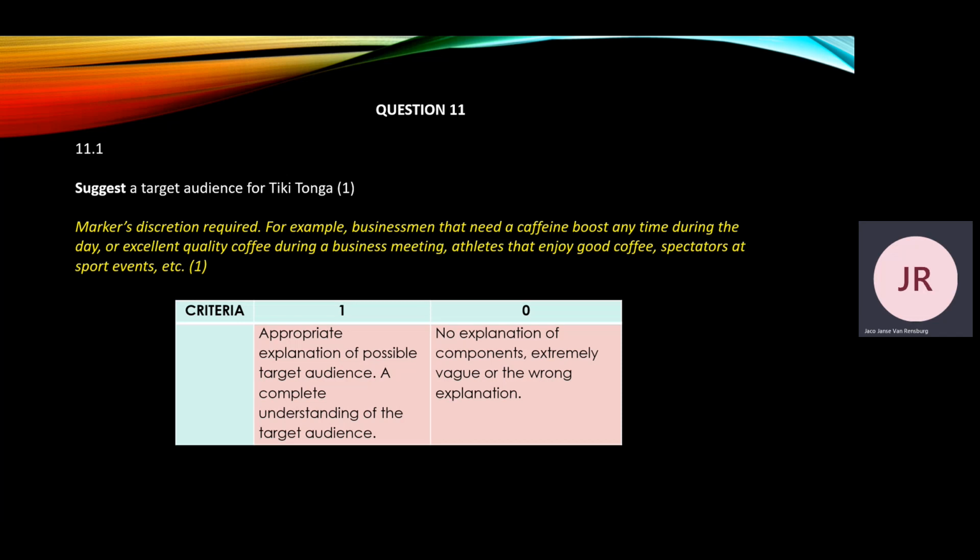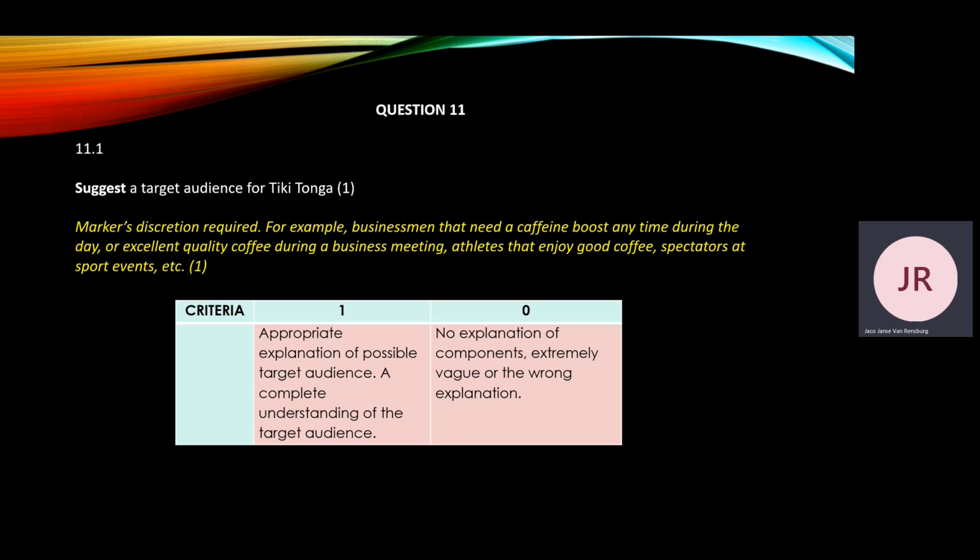It's coffee that's available to everybody, and therefore any coffee lover basically, and that includes business people, average Joes, housewives, sports people, basically anybody who loves coffee would be a potential target for Tiki Tonga.